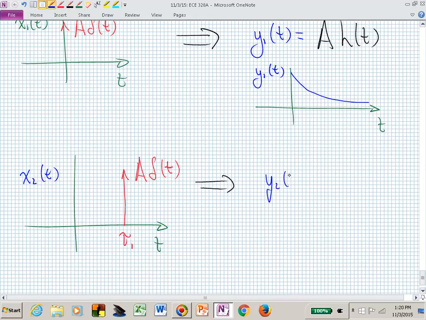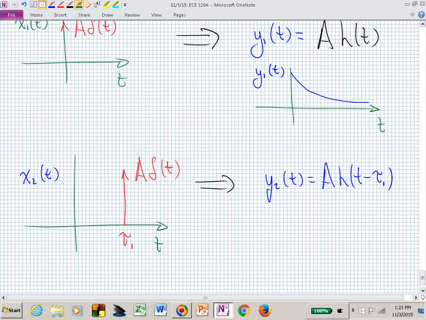What is y sub 2? It's going to be weighted by A. It's going to be the impulse response, right? Because I'm hitting the system with an impulse. It's just that I've delayed that impulse. So my system is not going to respond before I hit it, and it's going to respond right when I hit it at tau 1. So this is now A h of t minus tau sub 1.